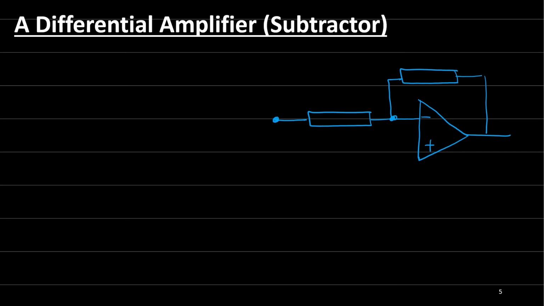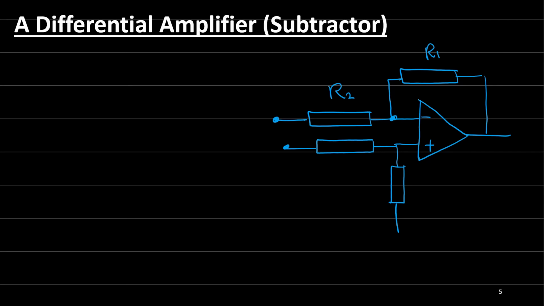Here we have R1, and here we have R2. Now, because this is a subtractor, instead of connecting this non-inverting input to ground, we connect another voltage divider here, a resistor, and here we have another resistor.